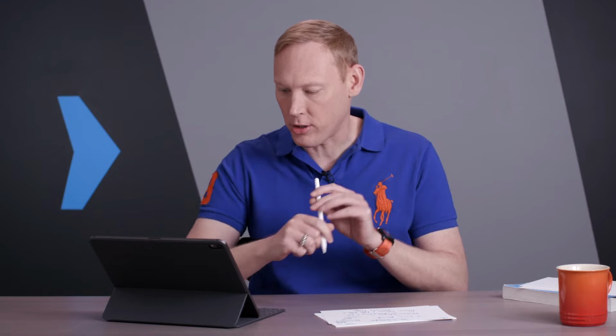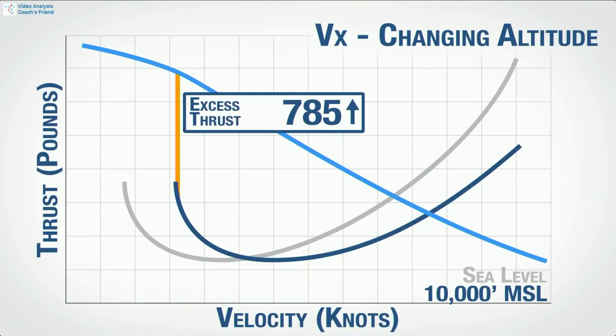Okay, so let's take a look at what happens as we climb in altitude. So I'll pull up thrust and changing altitudes, and we'll clear out the chart. First of all, you're going to notice something. These have shifted. The gray line that you see right here is sea level. The dark blue line is 10,000 feet.